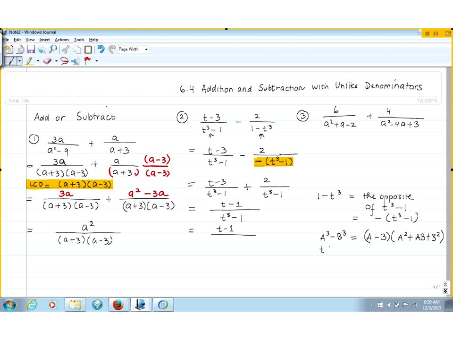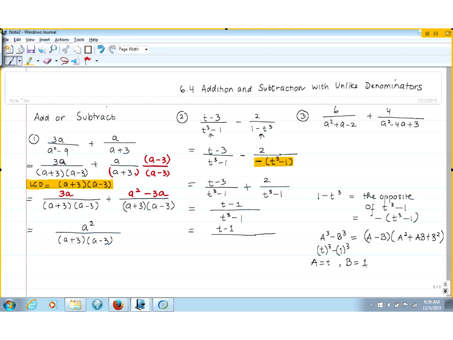All right. So this is p cubed minus 1 cubed. So your a is p, and our b is 1. And I'm going to substitute it here. So a minus b.